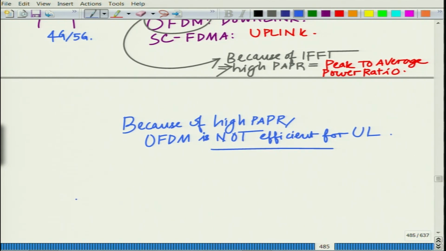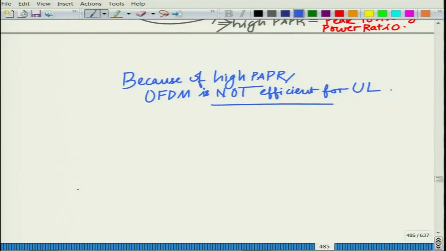It can be used in the downlink, that is the base station to mobile, but not for the uplink. So the question is what can be used in the uplink. One cannot resort to multi-carrier transmission, that is one cannot use the IFFT. The uplink is still single carrier, and that is what is known as single carrier frequency division multiple access.